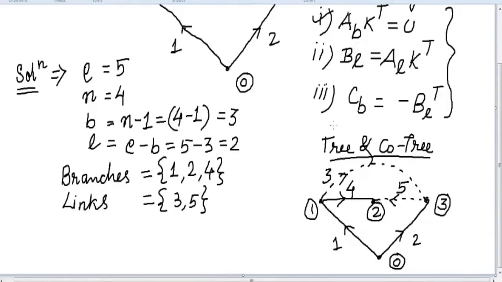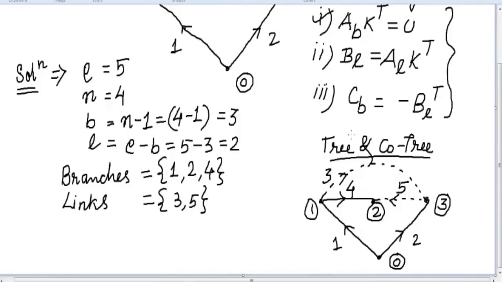Okay. And the last is CB is equal to minus BL transpose. BL you will already get from the second bit. You have to simply multiply the BL matrix with a minus sign and take the transpose of that matrix. And you have to find CB. What is CB? For CB, first you have to find the basic loop incidence matrix, right?